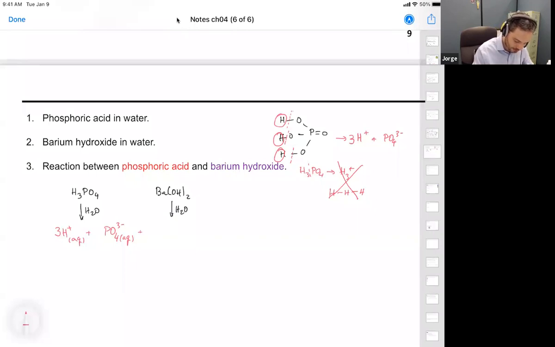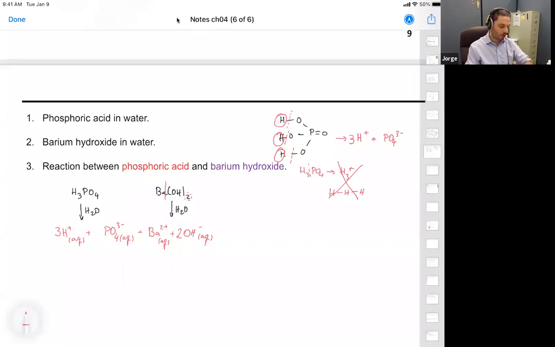Any base in water is going to produce OH minus. Because we have 2 here, we need to produce 2 over there. And the cation, okay? Barium 2 plus.